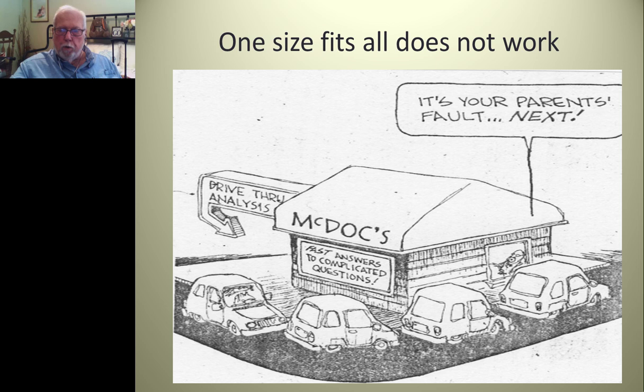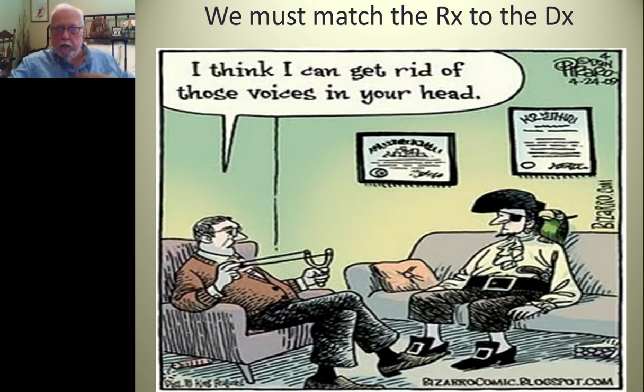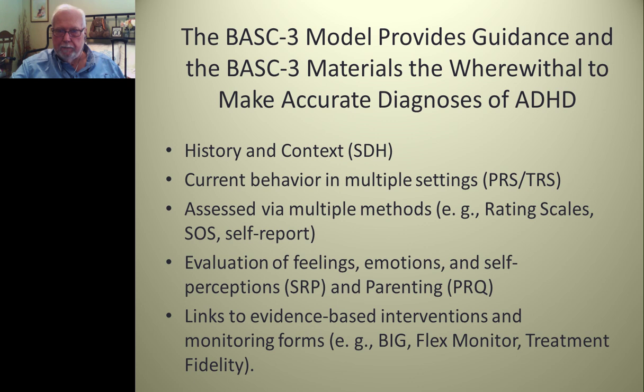A declaration of eligibility is just not enough. One size doesn't work. We don't want to become McDonald's. We have to match treatment to diagnosis if we want to get it right. Once we know what the problem is and know specifically the origin, we can be more effective in treating it.